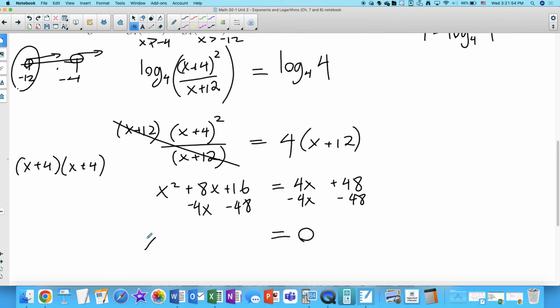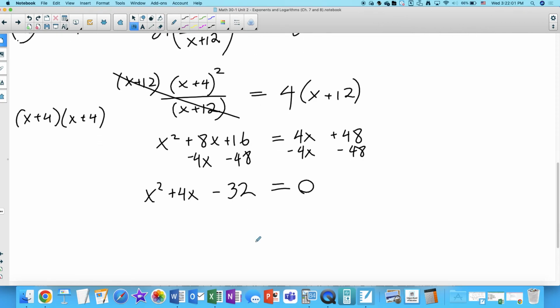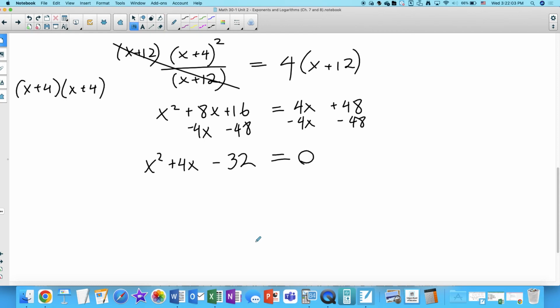Okay, so this one does factor into, adds to 4, multiplies to -32. 8 and -4, right? Is that right? Okay. So what are the solutions here? Yeah, here we have x equals -8.